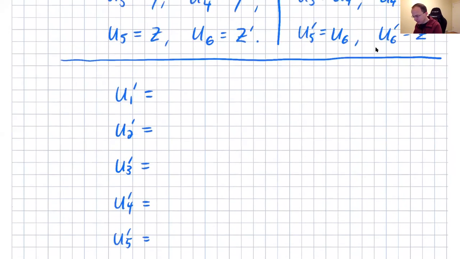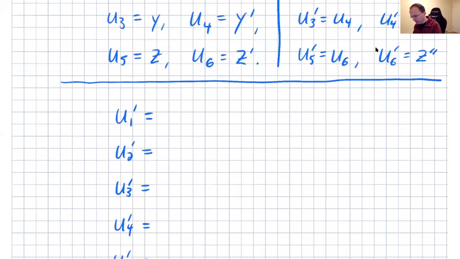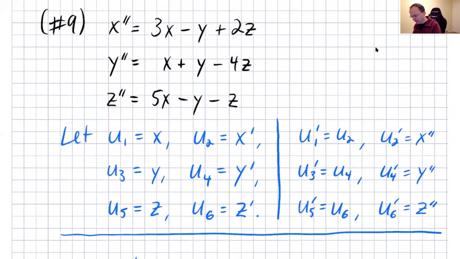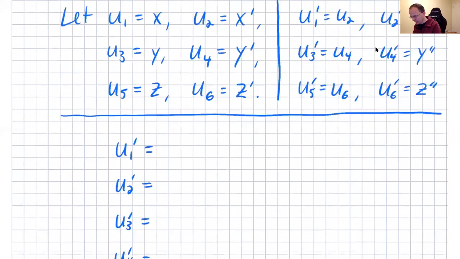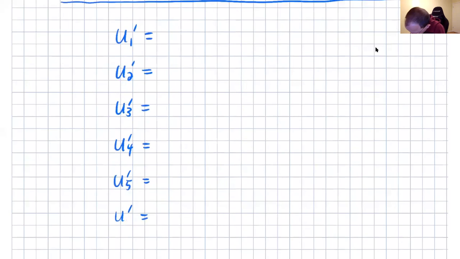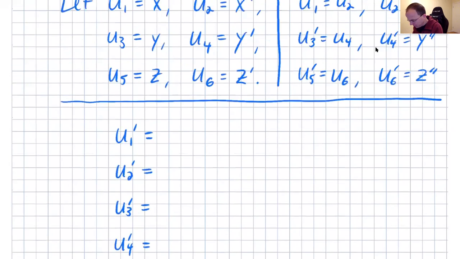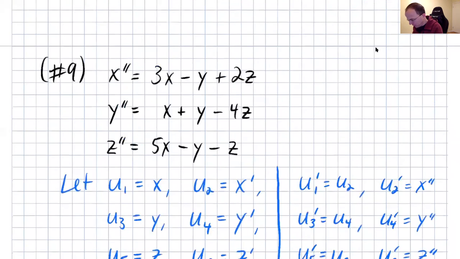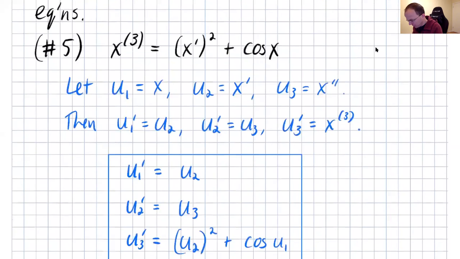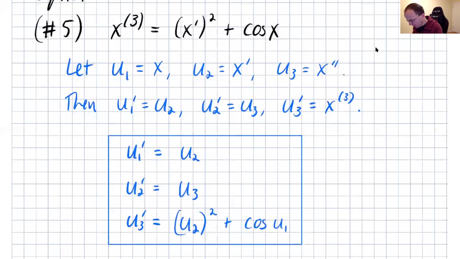Okay, so as you can see, we're going from 3 equations in 3 variables, and now we're going to have 6 equations in 6 variables. And that's because we have second derivatives here, whereas up here we had 1 equation, but we had 3 derivatives, and that gave us 3 equations.